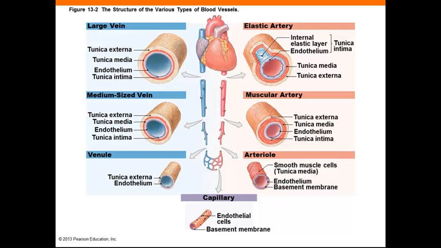In medium-sized veins, the tunica media has several smooth muscle layers. These are then drained by large veins. Large veins have a thin tunica media and thick collagenous tunica externa. These large veins have thinner walls than arteries because there's relatively low pressure in the veins.